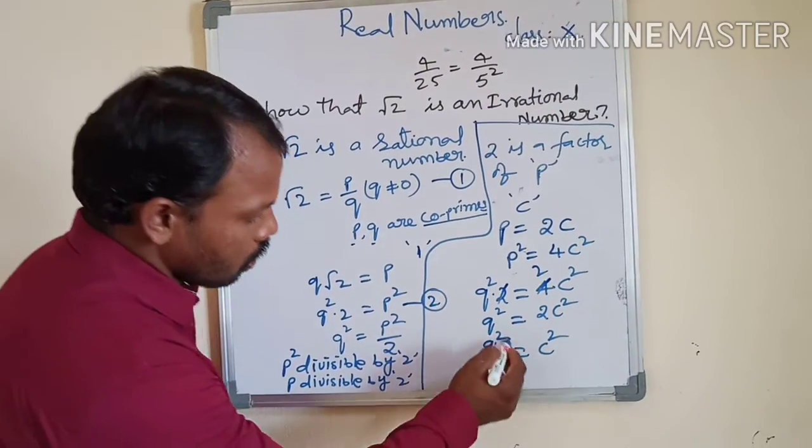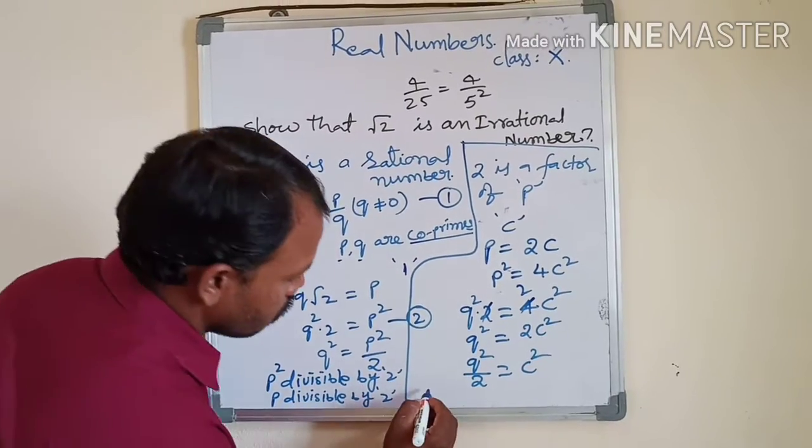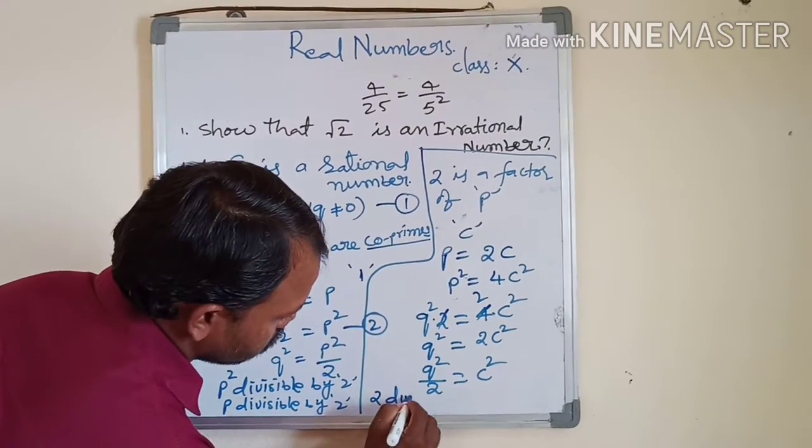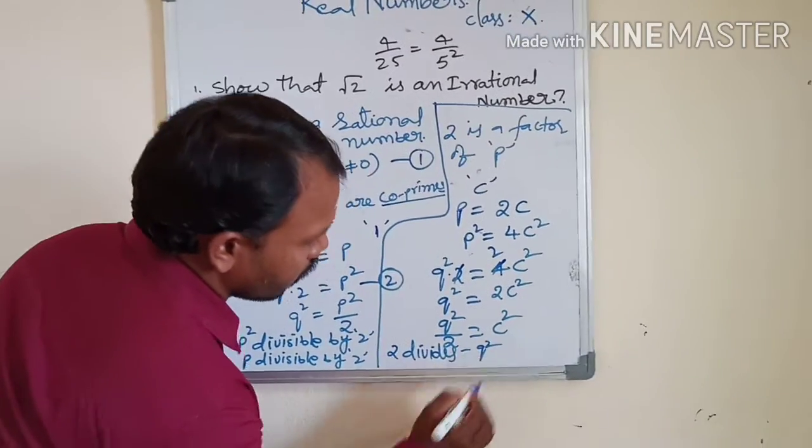Then what do you observe here? Q square is divisible by 2. That means 2 divides Q square.